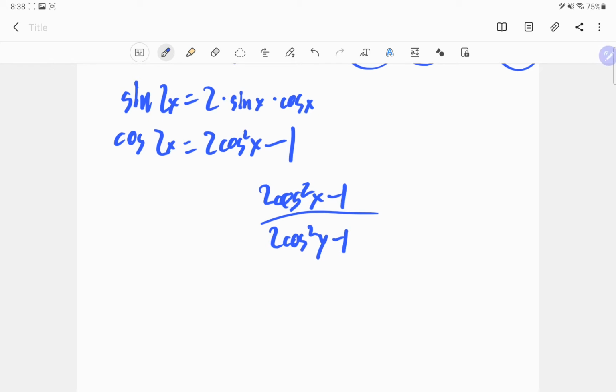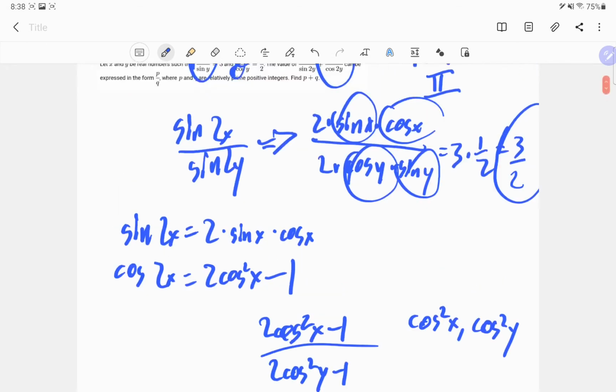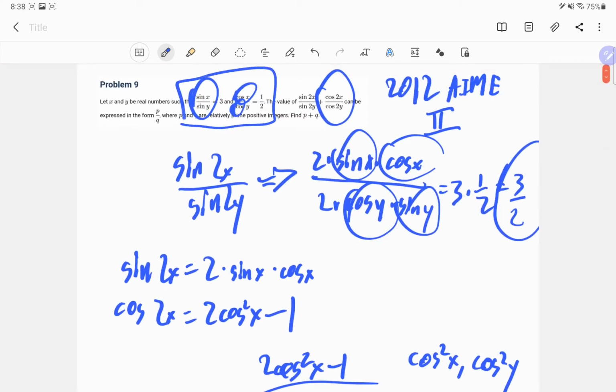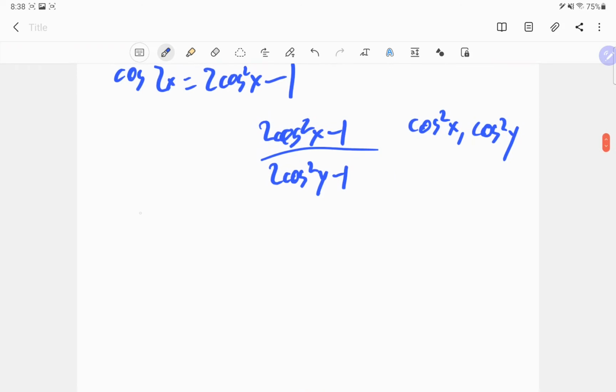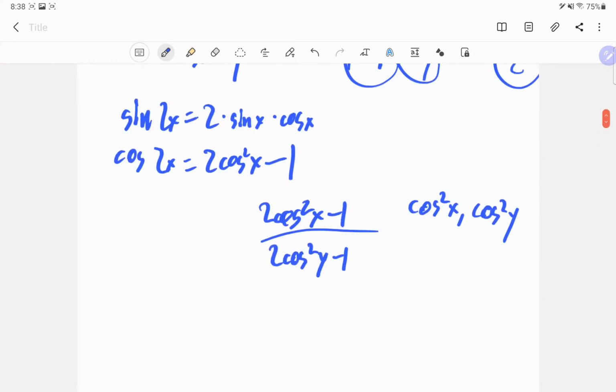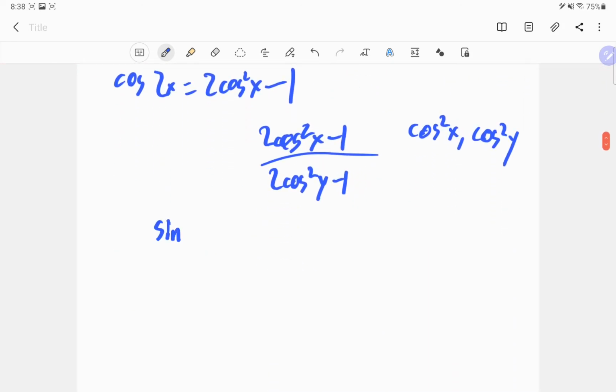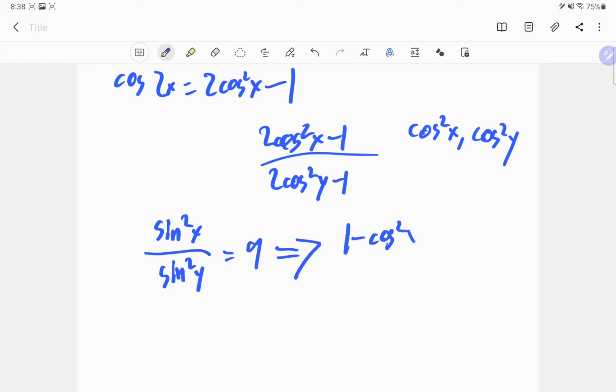So after this, we have to find cosine squared x and cosine squared y. And for this, we'll use these two equations given up here. If we square both of these equations, we get sine squared x divided by sine squared y is equal to 9, or in other words, 1 minus cosine squared x divided by 1 minus cosine squared y is equal to 9.